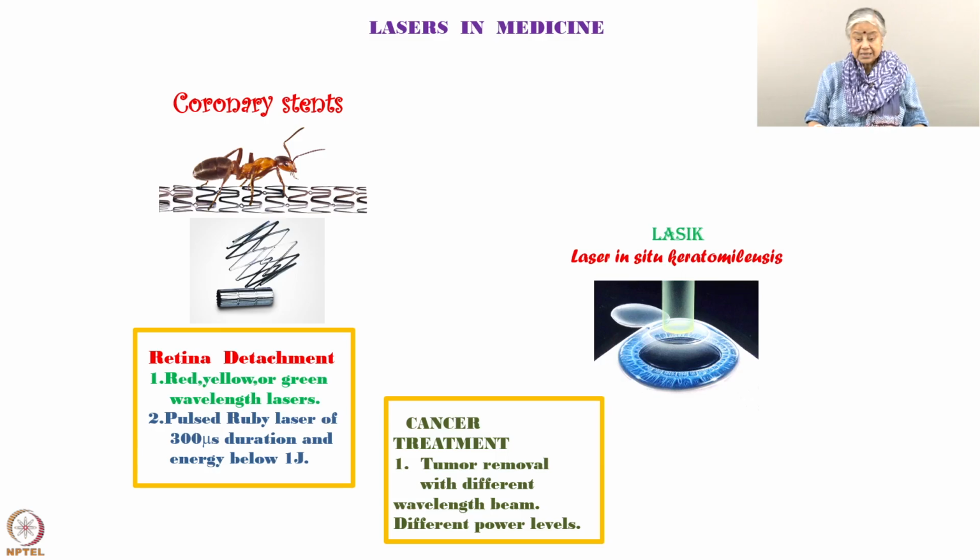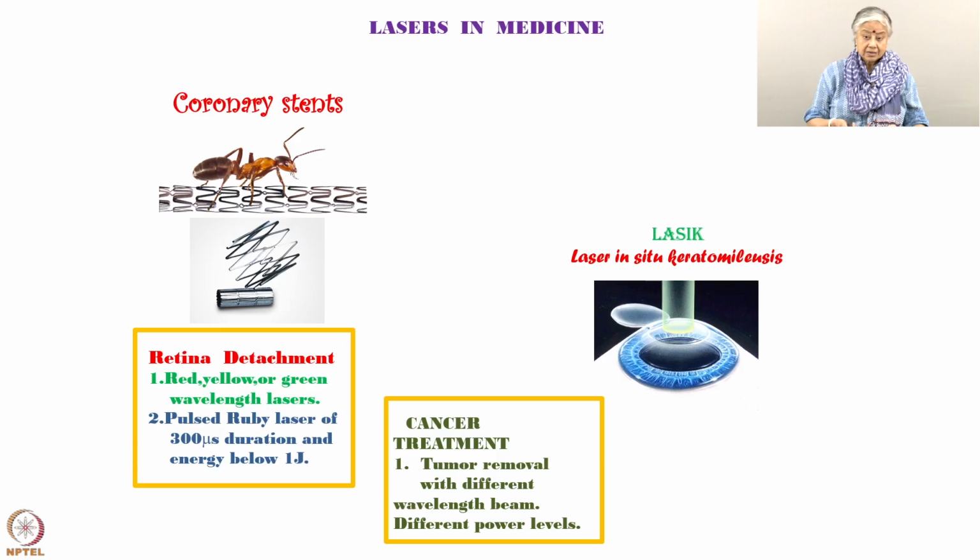So, lasers are widely used in this kind of treatment, and many other cancerous treatments are also under the research wing, which hasn't come out into the market completely, but a lot of research is being done to manage cancer with lasers. Okay.